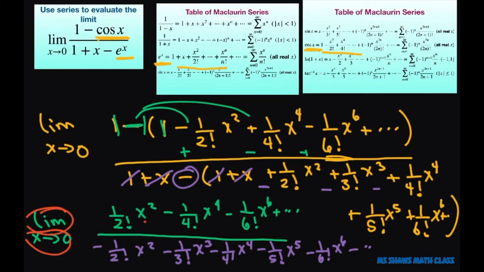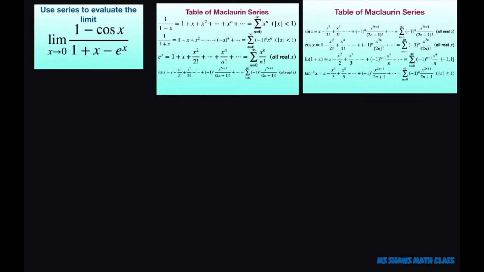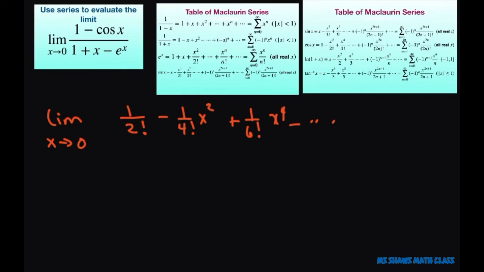All right, now that we have that and the fact that we're taking the limit here, I'm going to divide each of these pieces by x squared. So that will help me with the limit. So we'll get the limit as x approaches 0. If you divide everything by x squared, you're going to get 1 divided by 2 factorial minus 1 divided by 4 factorial times x squared plus 1 divided by 6 factorial times x to the 4th power minus ... And then the denominator is going to be negative 1 divided by 2 factorial, and then just write out the rest.